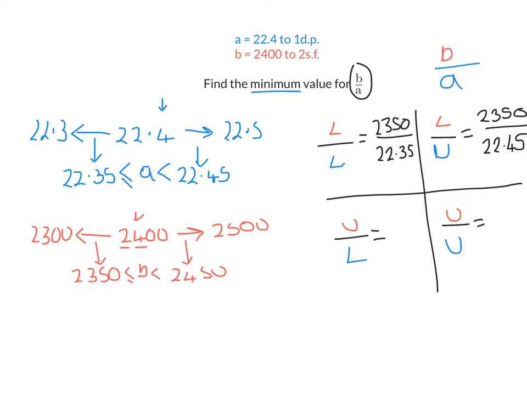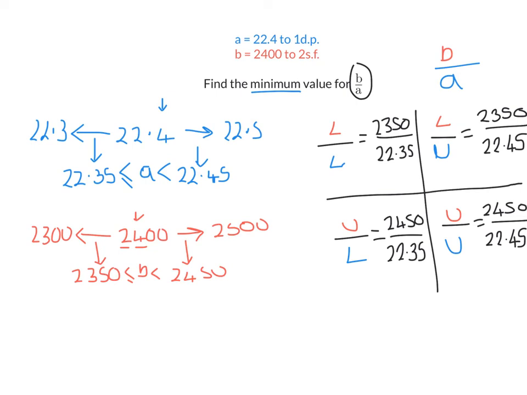The upper for B, which is 2,450, and the lower for A, which is 22.35. The upper for B, which is 2,450, and the upper for A, which is 22.45. So I've covered all my options. And now I get my calculator and I'm going to work all these out.